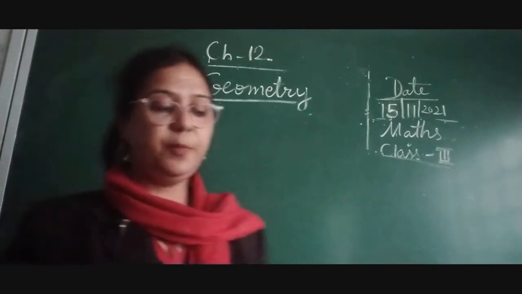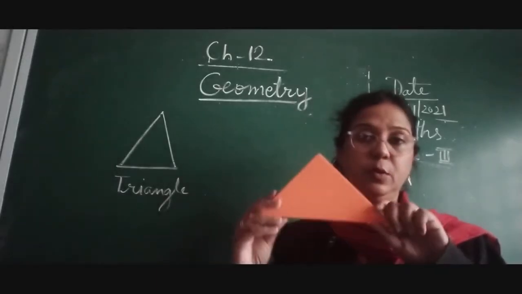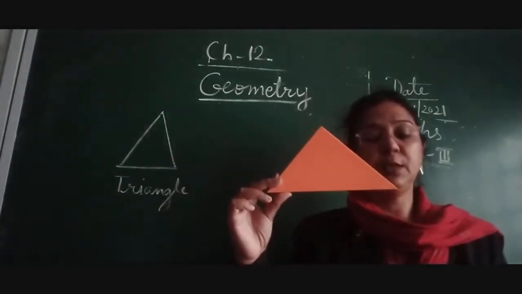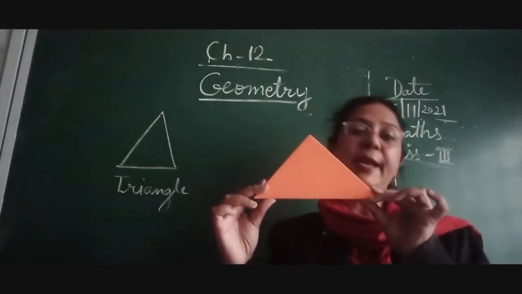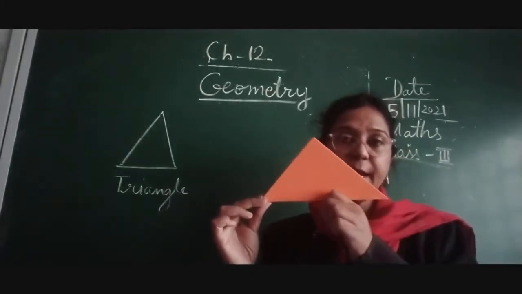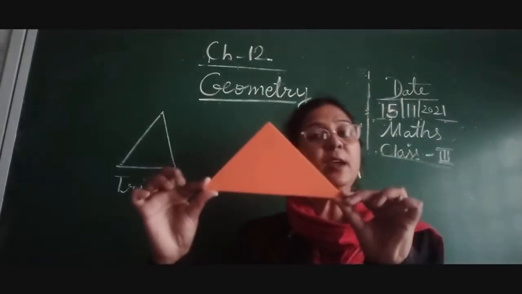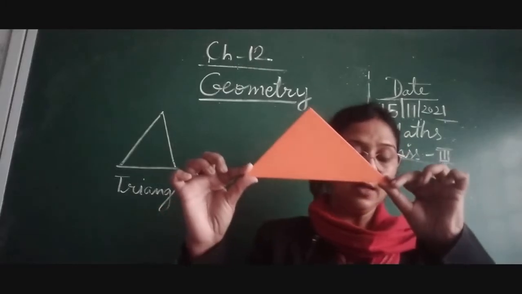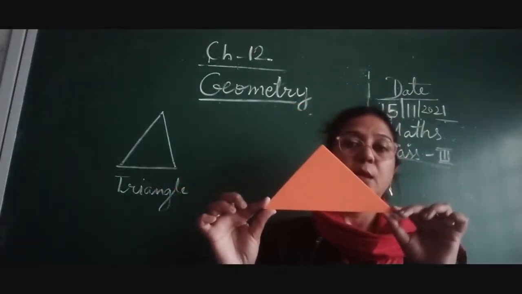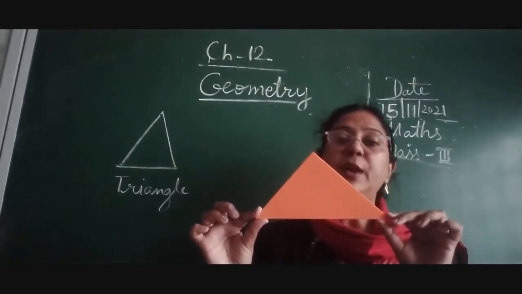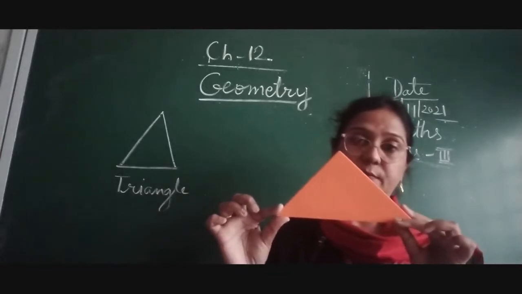This figure represents a triangle, and a triangle has 3 sides: 1, 2 and 3. A triangle has 3 sides and 3 vertices.